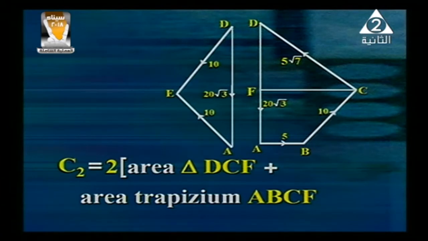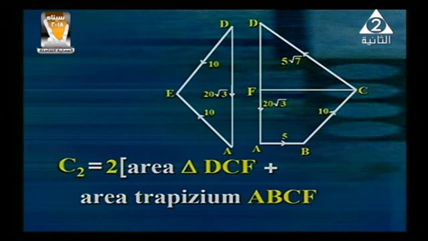This quadrilateral consists of two parts. The first part, triangle DCF. The second part is trapezium ABCF. If you find the moment of the couple C2, we multiply 2 times the area of the figure ABCD.